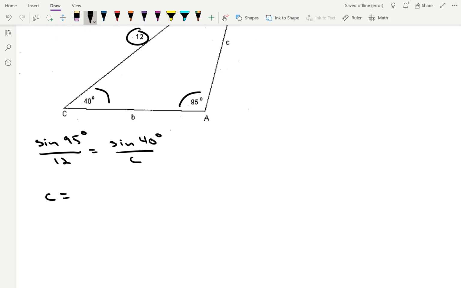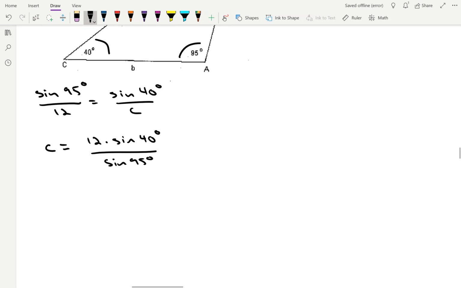So c is equal to 12 times sine of 40 degrees divided by sine of 95 degrees. And if we plug that into our calculator, so 12 times sine of 40 degrees, divided by sine of 95 gives us 7.743.